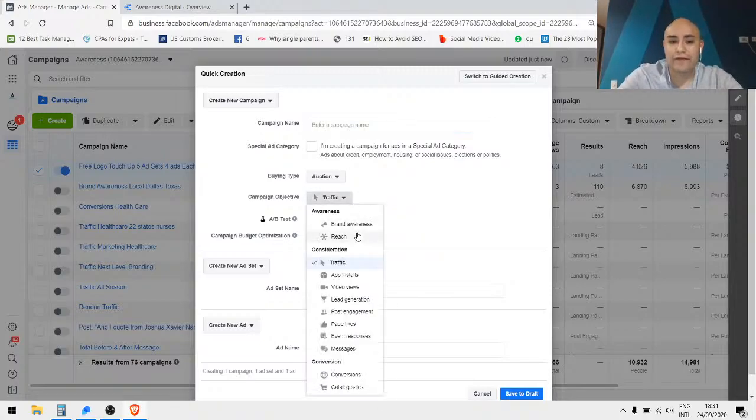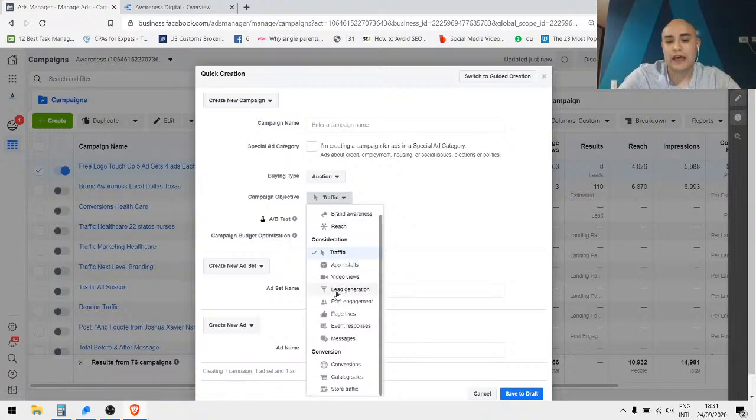You want to push traffic because you have the three categories. You have awareness, you have consideration, and you have the conversions, right? If you're a service provider, if you sell a tangible product, what do we ultimately want to achieve? We want leads. We want people to call us so we can close them, or we can book a demo or book a free quote, or they can buy our product, right?